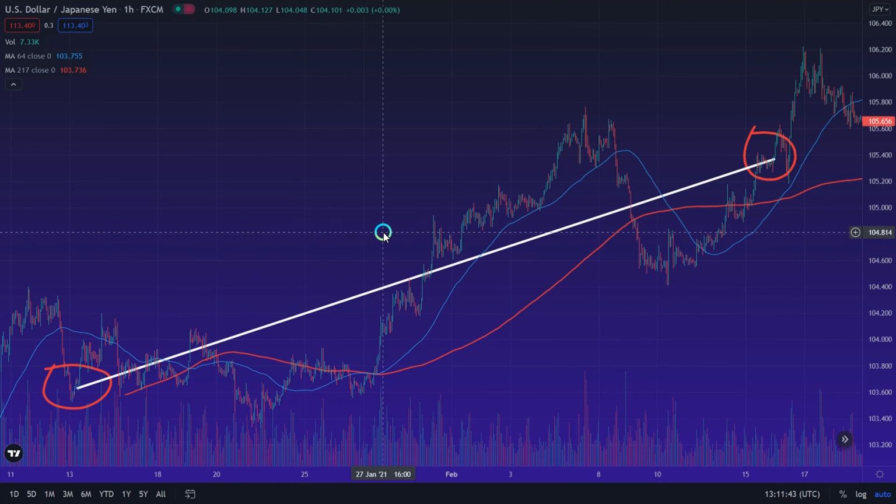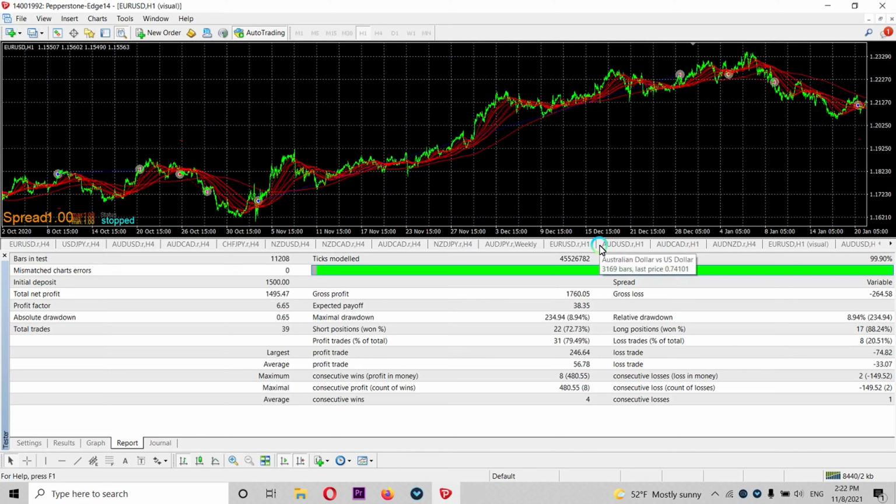Now let's see the real tick data results. Let's look at some statistics. So as you see, I ran the test. It actually took a long time to run this test with 99.9% Dukascopy tick data with variable spread and slippage and stuff.